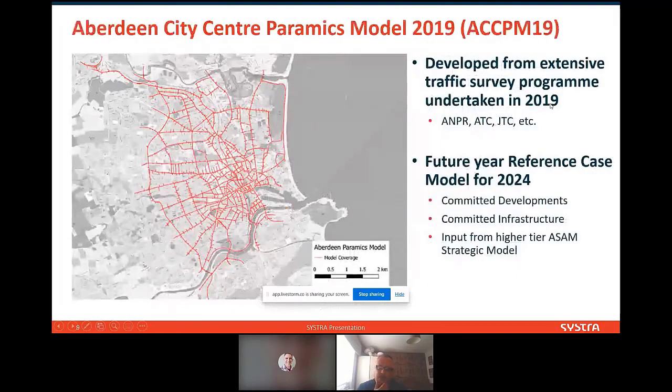As I said before, in order to assess the zone options and look at different options for a low emission zone, we developed a Paramics Discovery model in 2019. Luckily, we got in before COVID hit, which was useful. This was developed from an extensive traffic survey programme, including junction turn counts and ATCs.